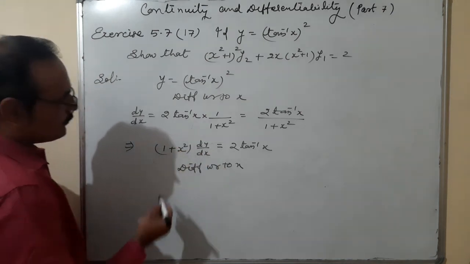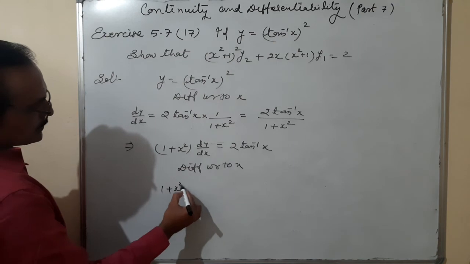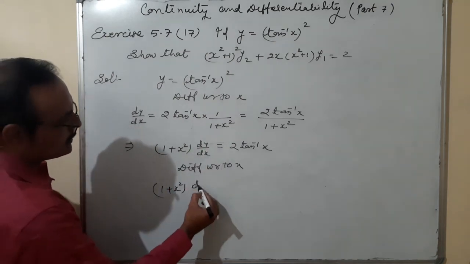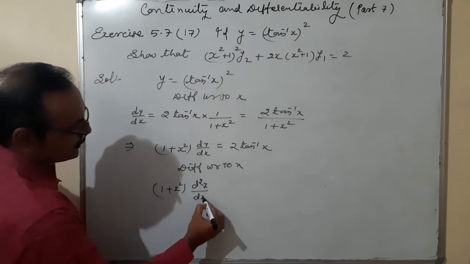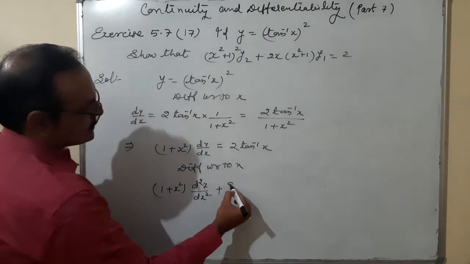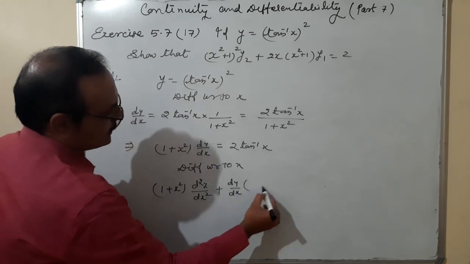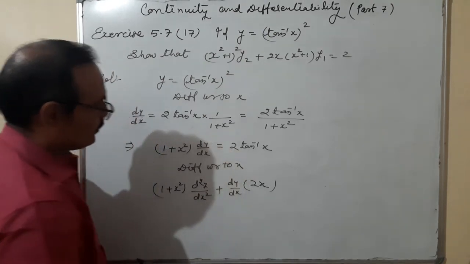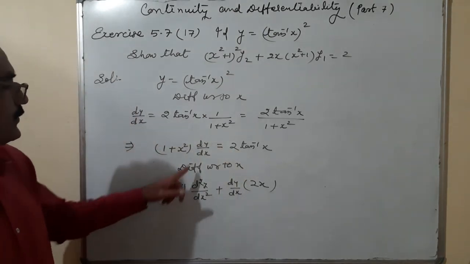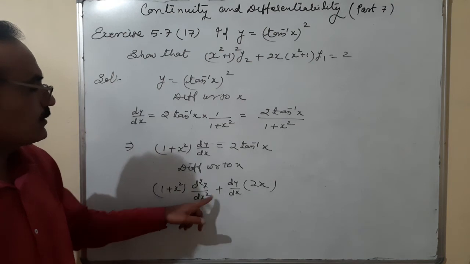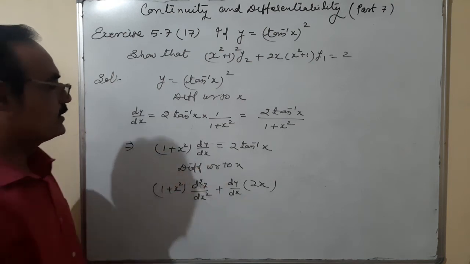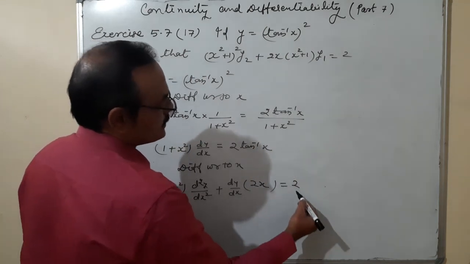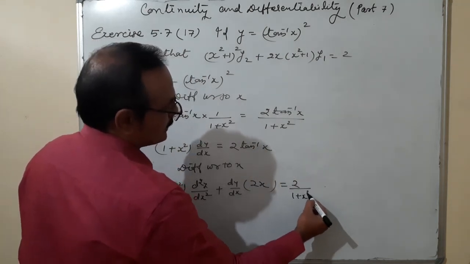Using product rule, first function 1 plus x square, differentiation of second function d2y by dx square plus second function dy by dx, differentiation of first function 2x is equal to 2, and differentiation of tan inverse x is 1 upon 1 plus x square.